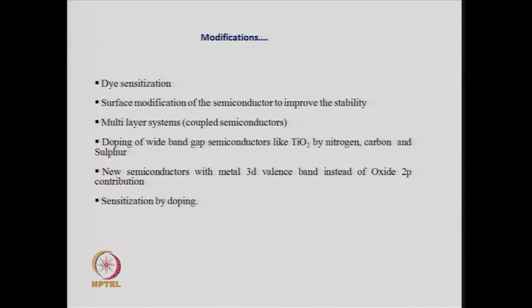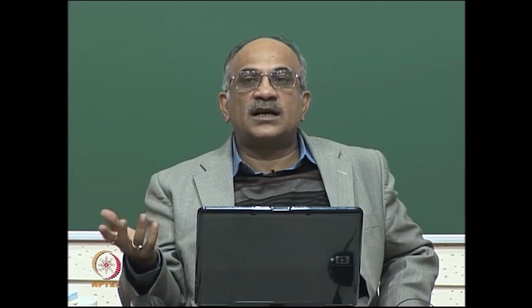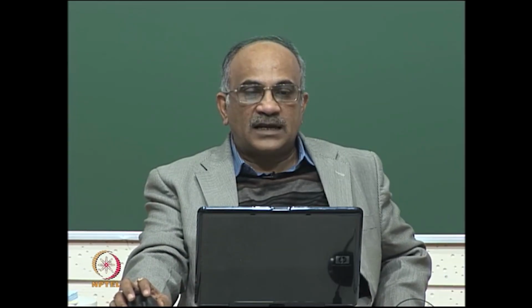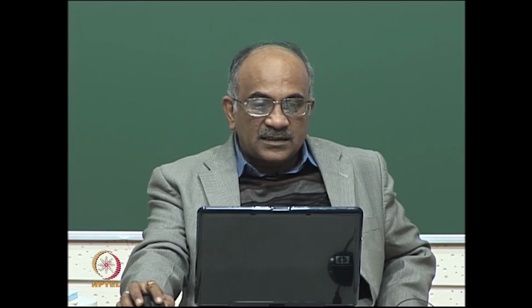Now, what one can do to get better and better photocatalysts is to modify, for example, the surface or use sensitizers. You can do several things. So, what are these modifications one can do to improve the efficiency of the photocatalyst? One of the methods is dye sensitization.